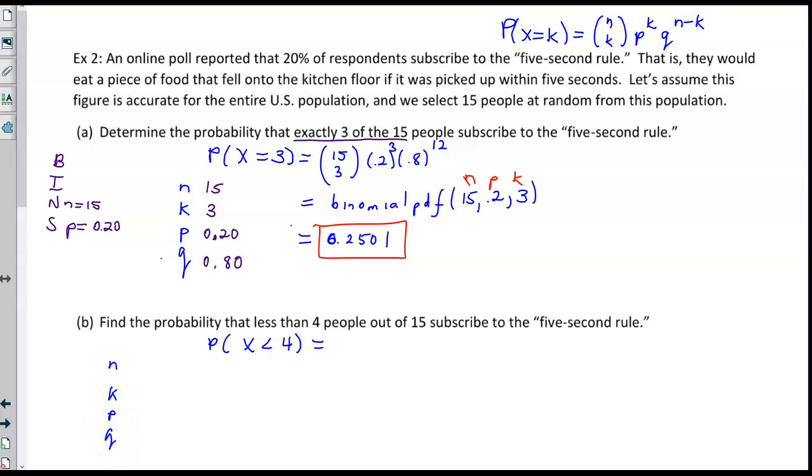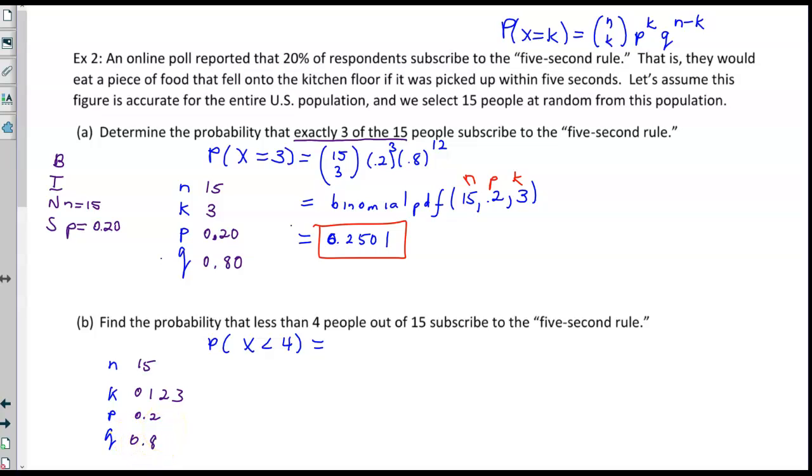N in this case is still 15, that's the sample size. But k is 0, 1, 2, 3, but not 4. So you have to be very careful because sometimes people will think it's the at most case and go less than or equal to 4, but that's not the case. P is 0.2 and q is still 0.8.